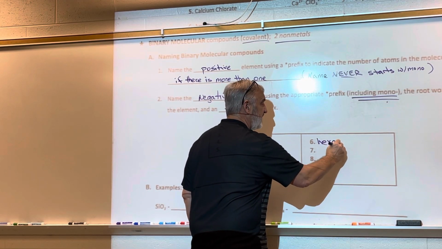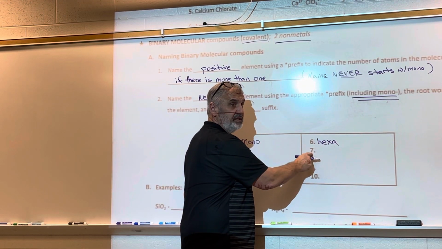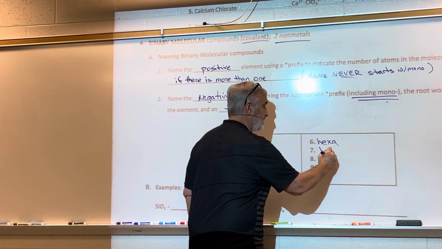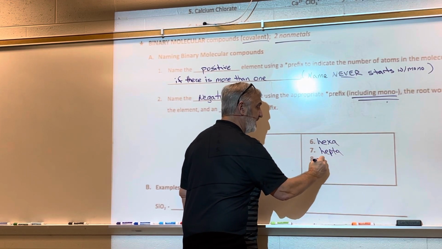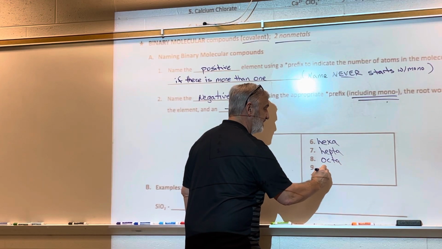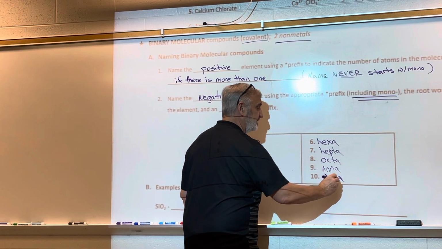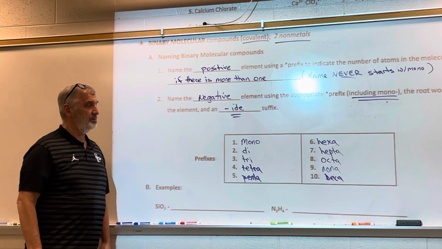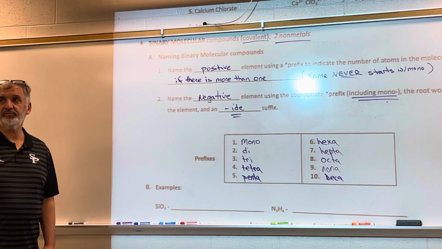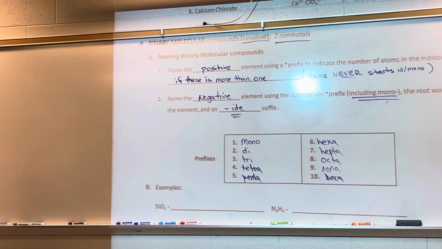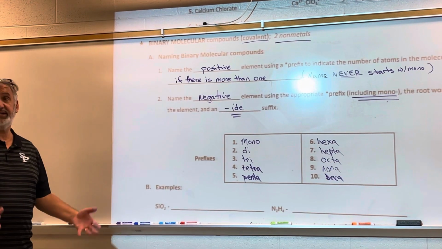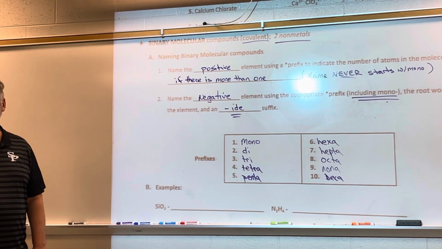And staying with the H's, 7 is going to be hepta. 8, octa. 9, nona. And then 10 is deca. So all we have to have are these prefixes, then we can name everything and write formulas for everything.